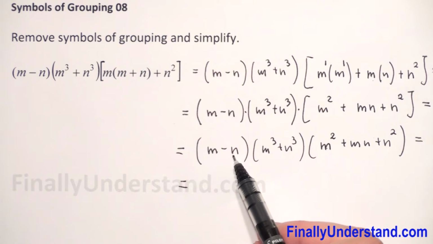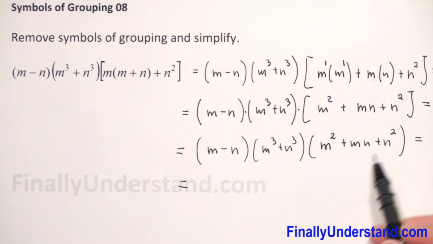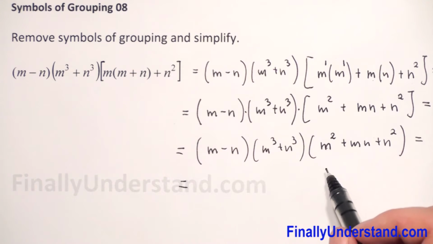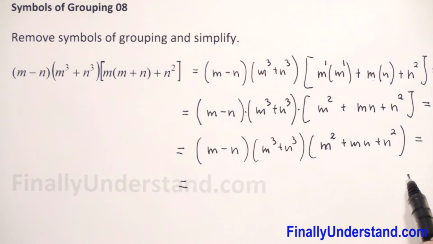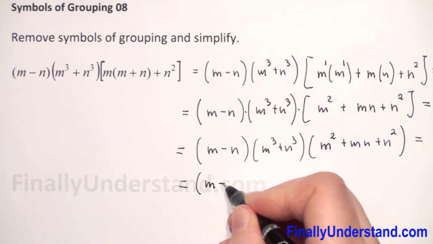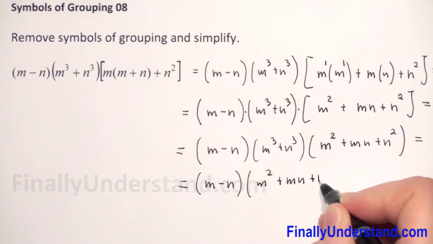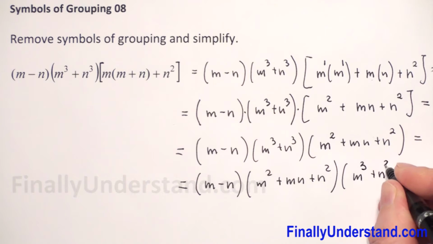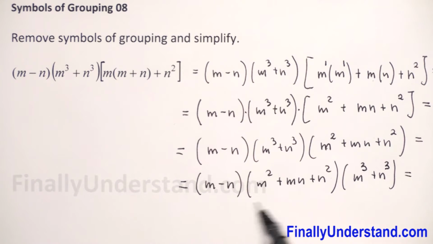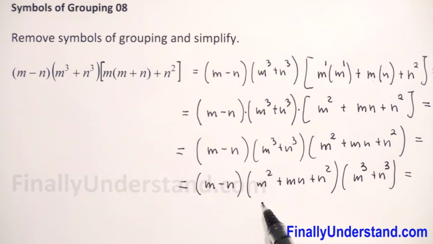Because we have here m minus n, in the third parenthesis we have m squared plus mn plus n squared. So I will first write the last parenthesis, and the second I will put at the end. So we have, and now we have here the formula for difference of two perfect cubes.